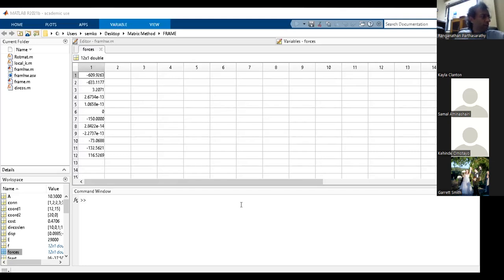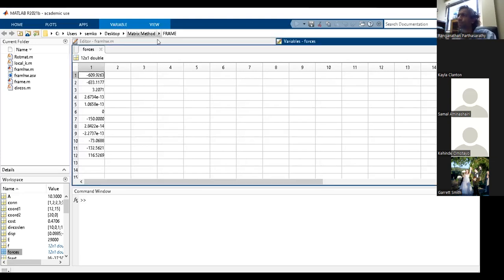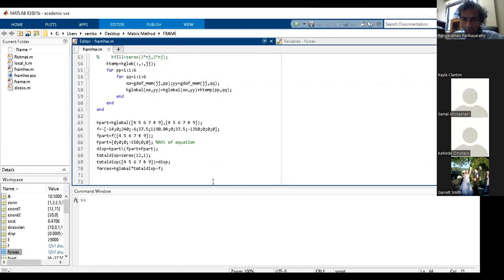That does not look okay. So can you go to your code? Oh, Samal. So that's why, because you entered the moments in kip foot instead of kip inch.